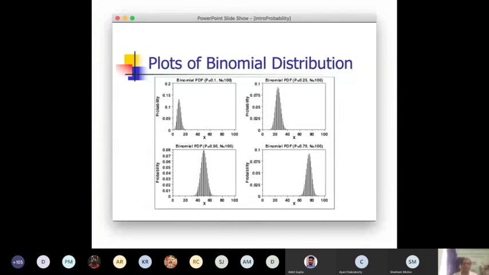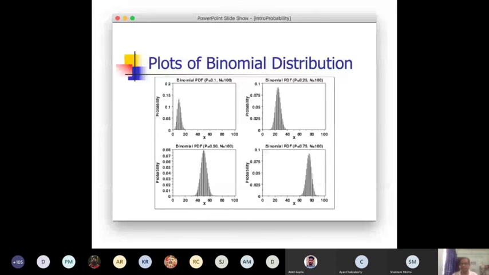Though it is a discrete distribution, if you try to plot the envelope in a continuous way, it would look like a Gaussian distribution, as we will see later on. In fact, as you increase the number of trials, as n tends to infinity, this distribution tends to a Gaussian distribution.